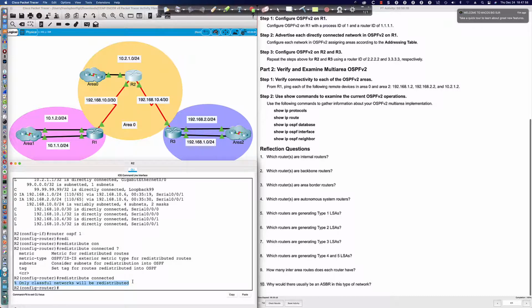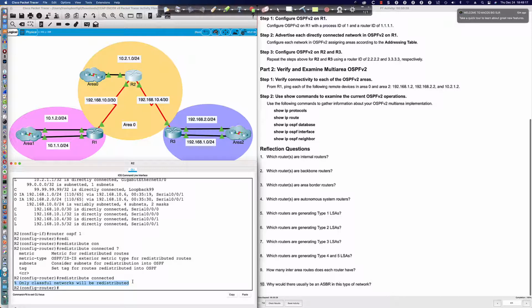Let me give you an example. If I had, let's say it wasn't 99.99.99.99. Let's say it was 192.168.50.5. If the subnet mask on that was not a /24, OSPF is not going to advertise it.